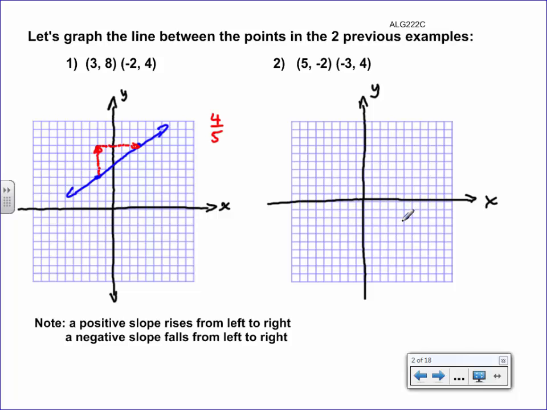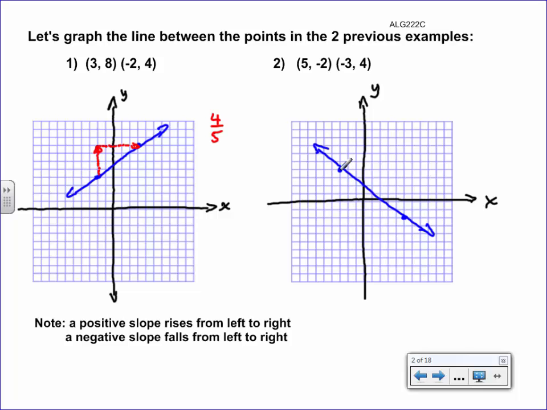Negative 2 would be right there. And negative 3, 4. Left 3, up 4. So what we are finding is the slope of this line here. Okay, let's count it off and see what we get.